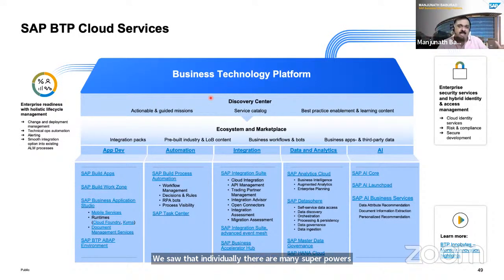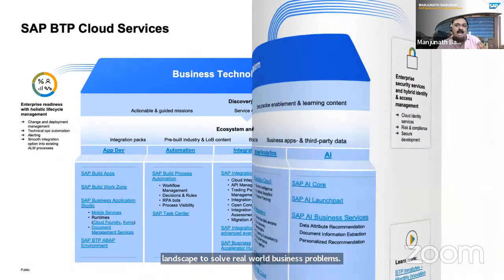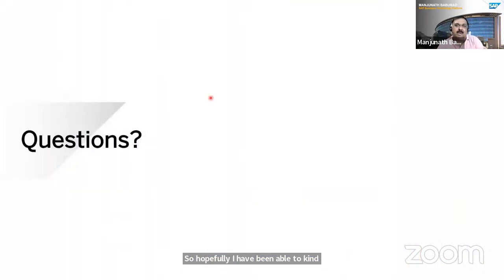You saw that with the different use cases, but when you look at BTP as the umbrella, the Avengers in this case, you can bring different pieces of the puzzle together, build cross-platform use cases, and also get things from the hyperscaler and build something cross-cutting your entire enterprise landscape to solve real-world business problems. So hopefully, I have been able to inspire some thoughts in your mind of how BTP and the different capabilities can be used under the hood.